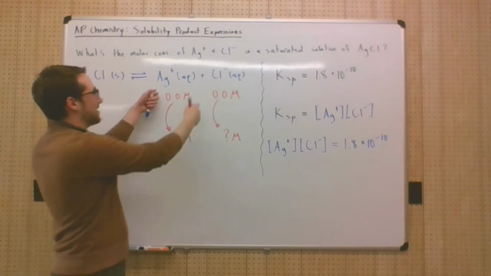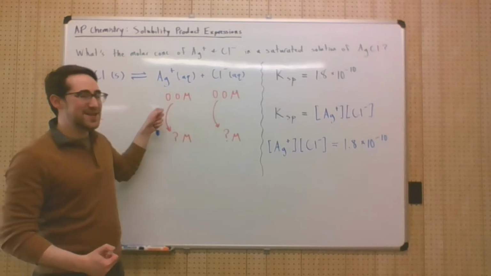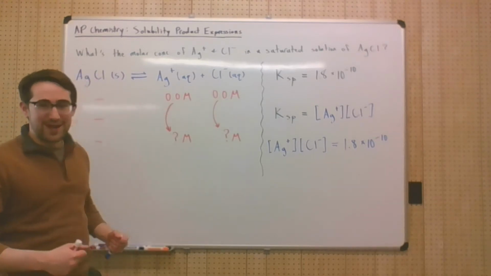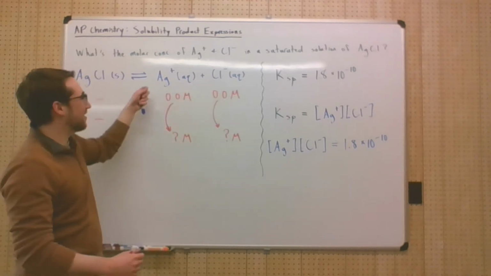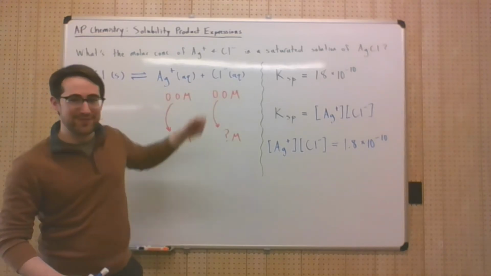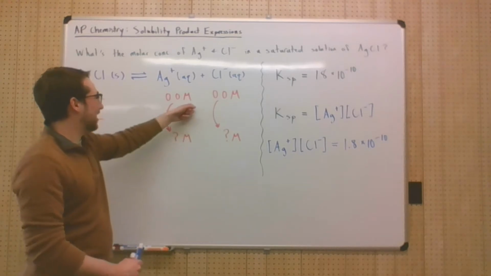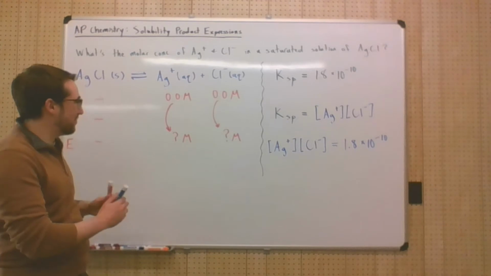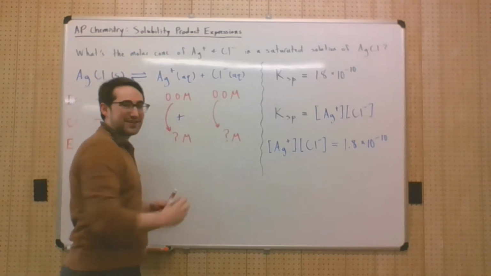Okay. Now, our Ag+ and Cl- are going to show up, and if we're starting with none of either of these, that means whenever our AgCl breaks up, it's going to make the stoichiometric ratios of these two ions. AgCl breaks up into one of these and one of these. So anytime I make some kind of change, I should get the same concentration change here and here. So I'm going to write that as plus a variable.